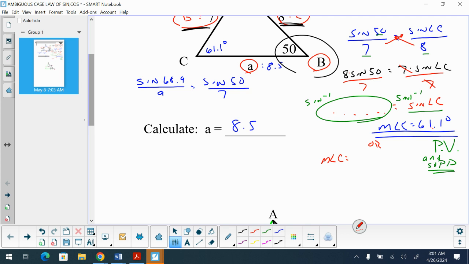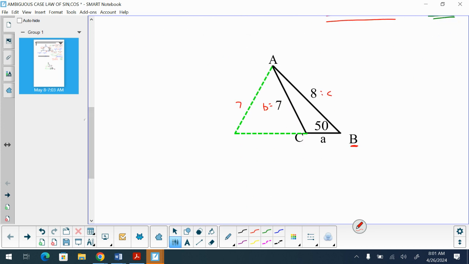What angle do we have to add to 61.1 to get 180 degrees? 118.9. So the measure of angle C could also equal 118.9 degrees, which makes this an obtuse angle.